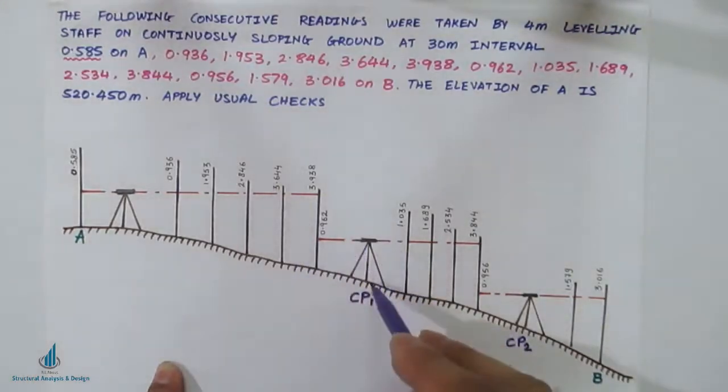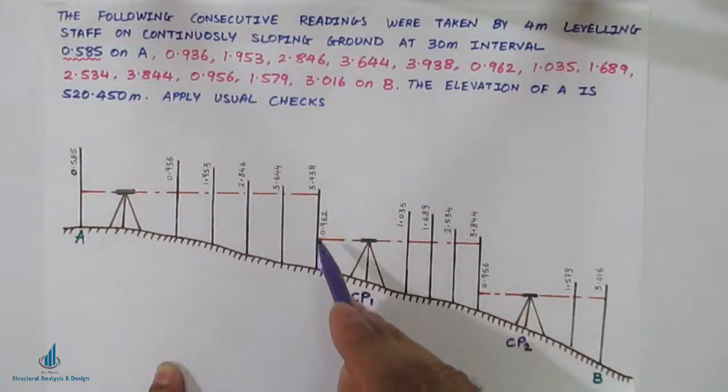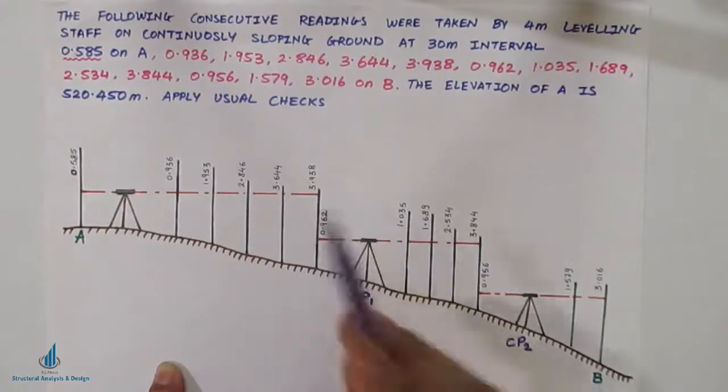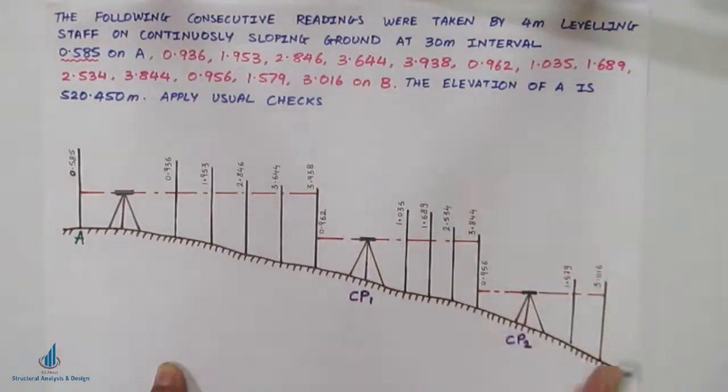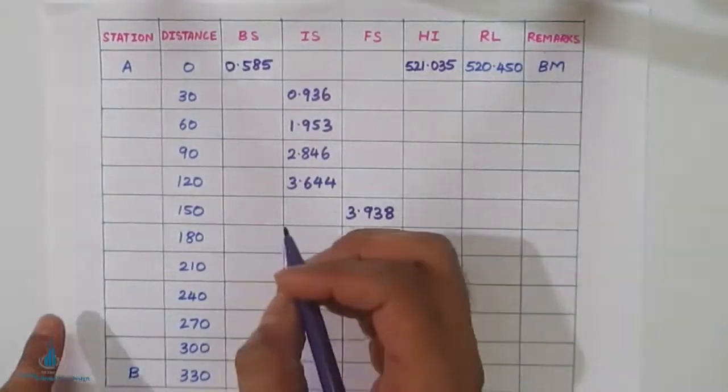After setting up the next instrument station and doing the temporary adjustments, you take the backside on this staff. So don't remove the staff from this point. 0.962 will come in the backside column.